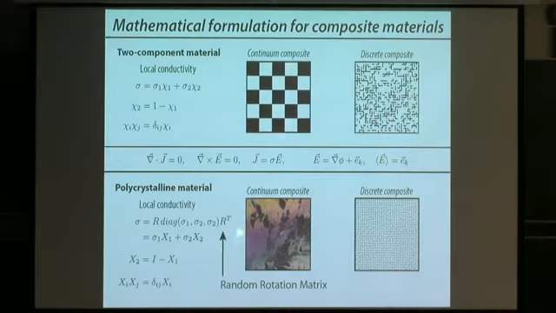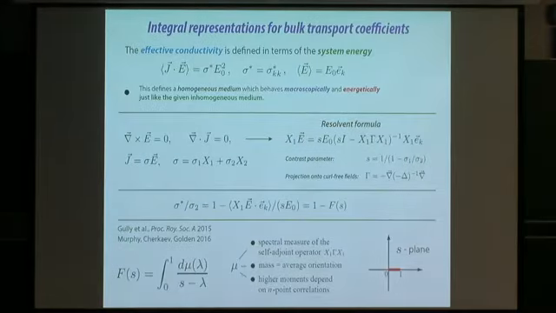But in the polycrystalline problem, there might be a uniaxial situation where you have a conductivity in one direction and the same conductivities in the other two directions. Then there's a rotation matrix that gives you the local conductivity tensor, which can be written in terms of these two matrices, x1 and x2, not chi1 and chi2, that have these same properties. And it's through that connection that we can carry over the proofs of these Stieltjes integral representations.